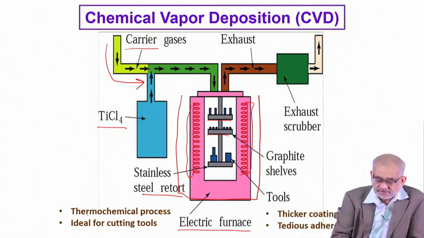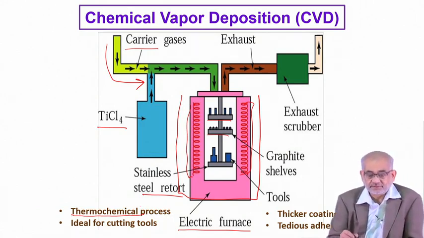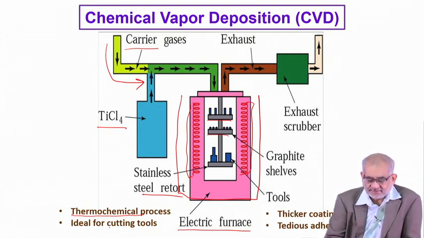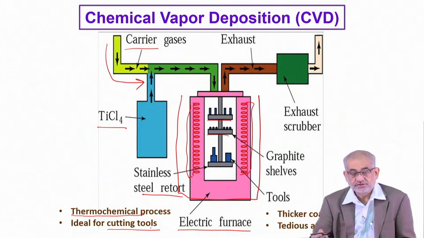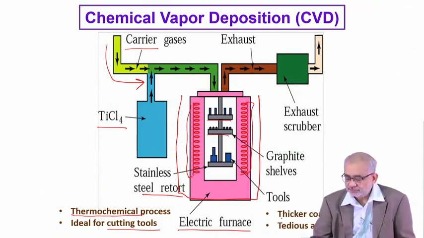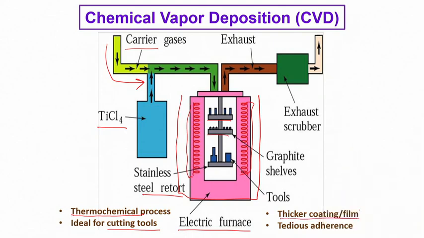Essentially this is a thermochemical process. We take advantage of both temperature and chemical reaction, and it is ideal for manufacturing processes like cutting tools, but is also equally applicable to various semiconductor devices. One can produce both thicker and thinner coatings and films.